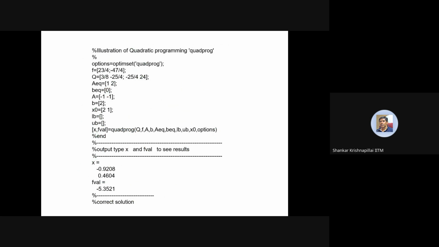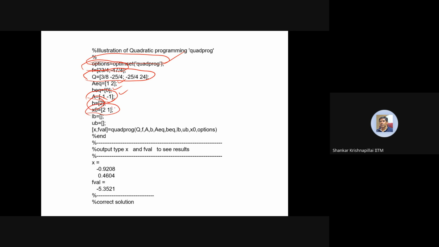Okay, so now you can see the implementation of this subroutine. So first you have to set options equal to optimset quadprog to set the default values. Then the F matrix is defined. Okay, then the Q matrix is defined. Then equality constraint coefficient matrix, right hand side of equality constraint matrix, then inequality constraint coefficient matrix, right hand side of inequality constraint.